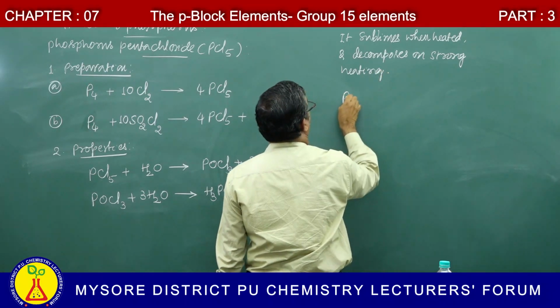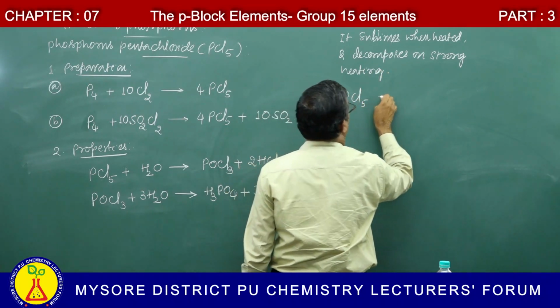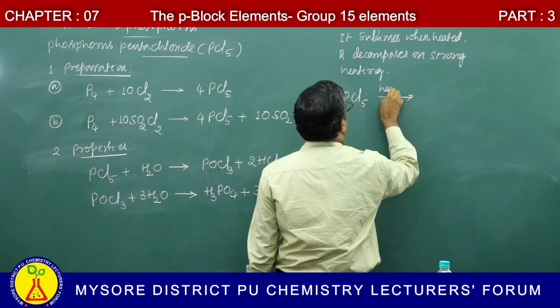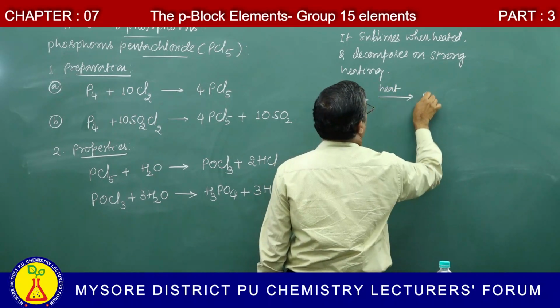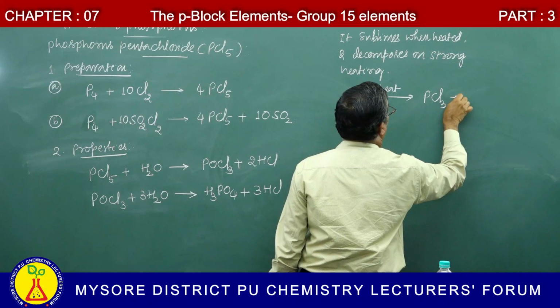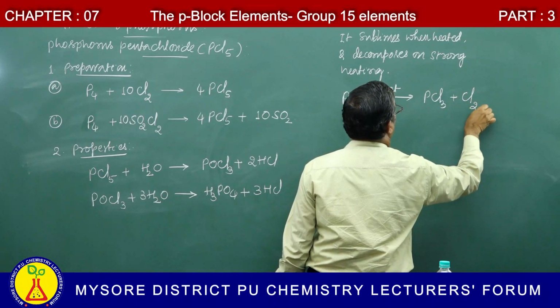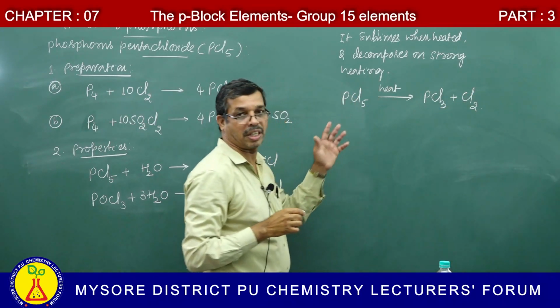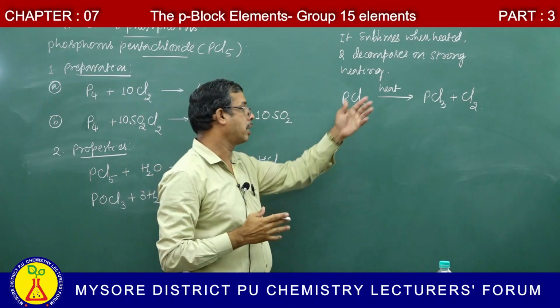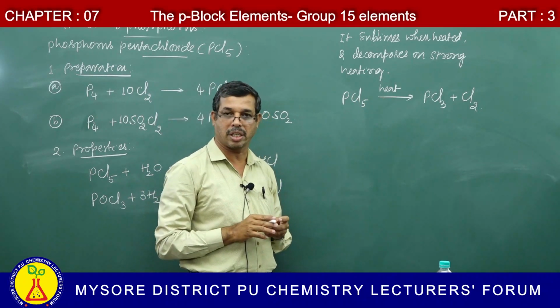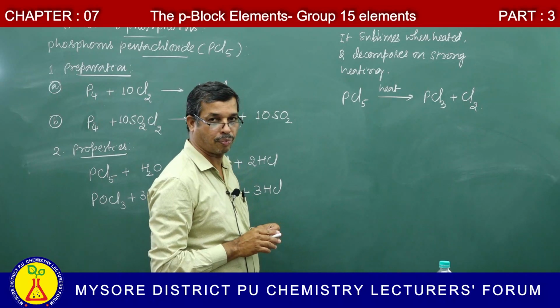Look here, PCl5 when it is heated strongly, we get PCl3 and Cl2. When PCl5 is heated strongly, it decomposes to give PCl3 and Cl2.